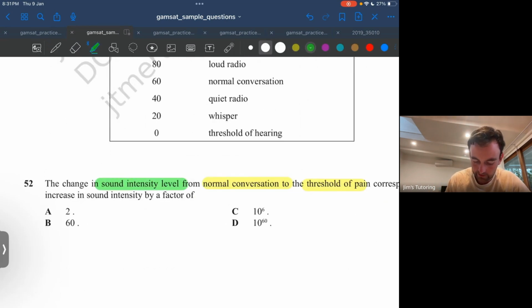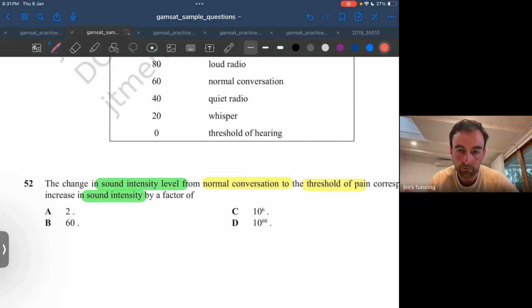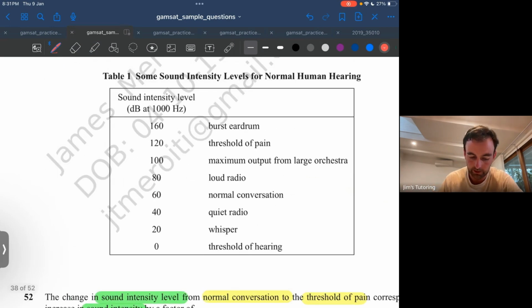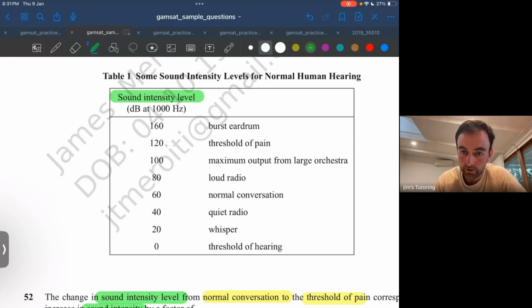They've got sound intensity level, sound intensity. They're purposely using these words that are very similar to each other to try to get you confused about what refers to what. So when we look at this table, this is sound intensity level. It seems like it's the same thing, but it's not the same.